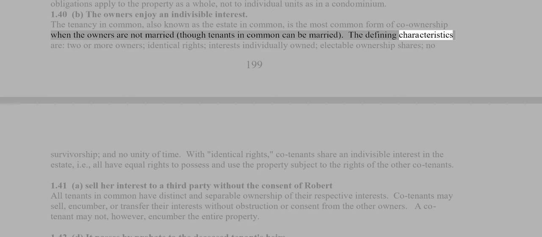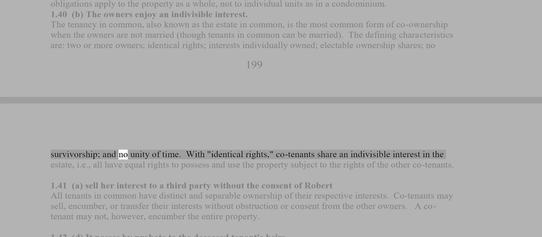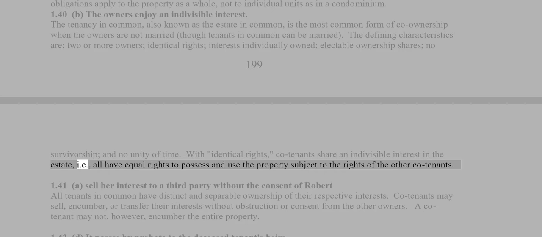The defining characteristics are: two or more owners, identical rights, interests individually owned, electable ownership shares, no survivorship, and no unity of time. With identical rights, co-tenants share an indivisible interest in the estate, i.e., all have equal rights to possess and use the property subject to the rights of the other co-tenants.